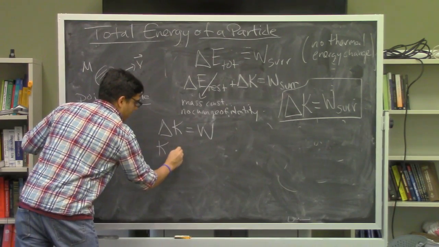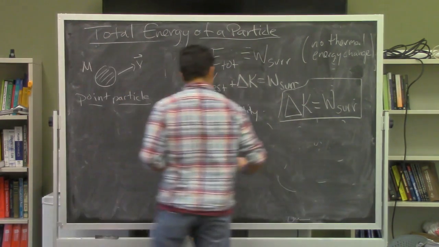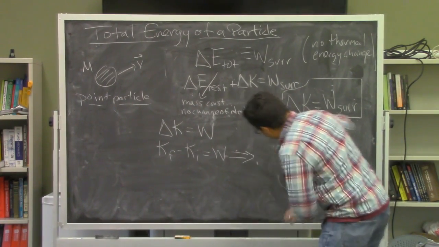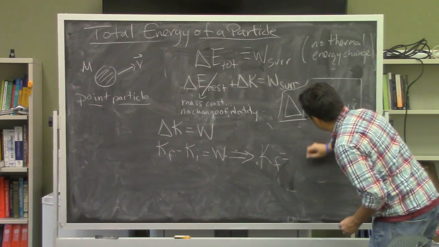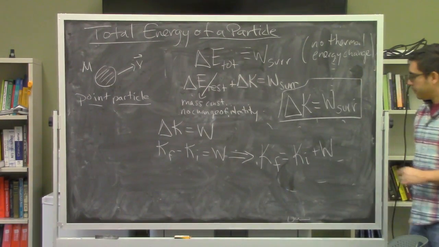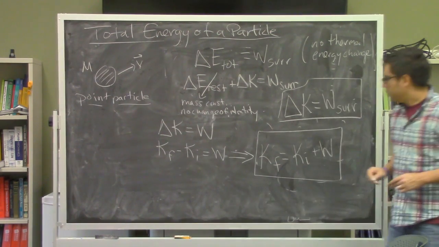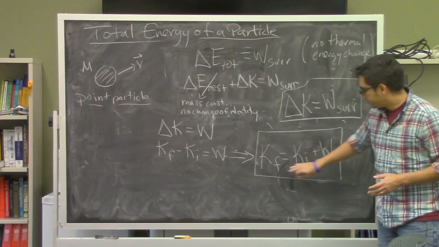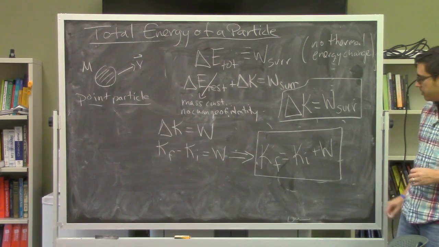Therefore, K final minus K initial is equal to the work that's done. We can move this equation around a little bit, and we can predict what the kinetic energy is going to be given whatever it was initially plus whatever work is done. So this is the update form of the kinetic energy work theorem, or the energy principle in its simplest form.